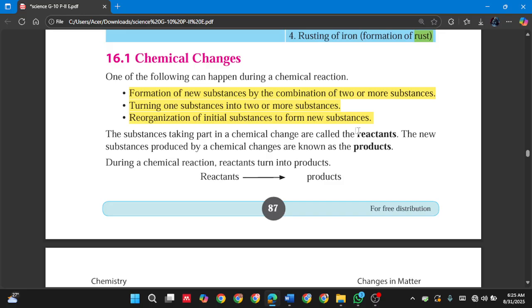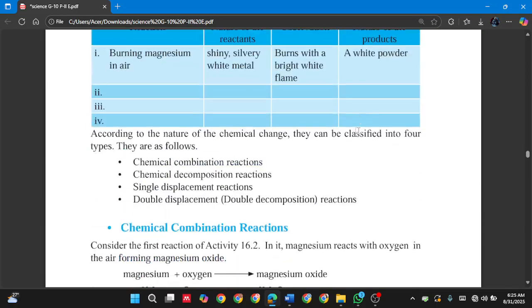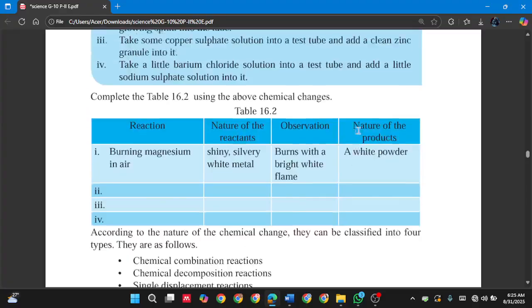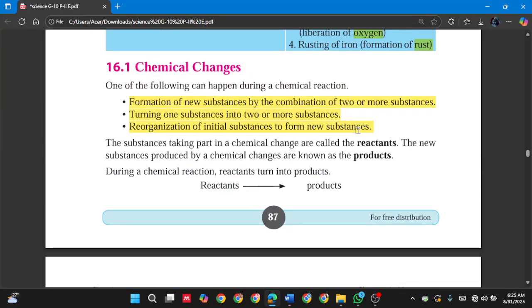Sometimes new substances are formed by combination. Sometimes one substance is turned into two or more. That means it is not combination, it is what we call a decomposition reaction. So one substance is decomposed into two or more.